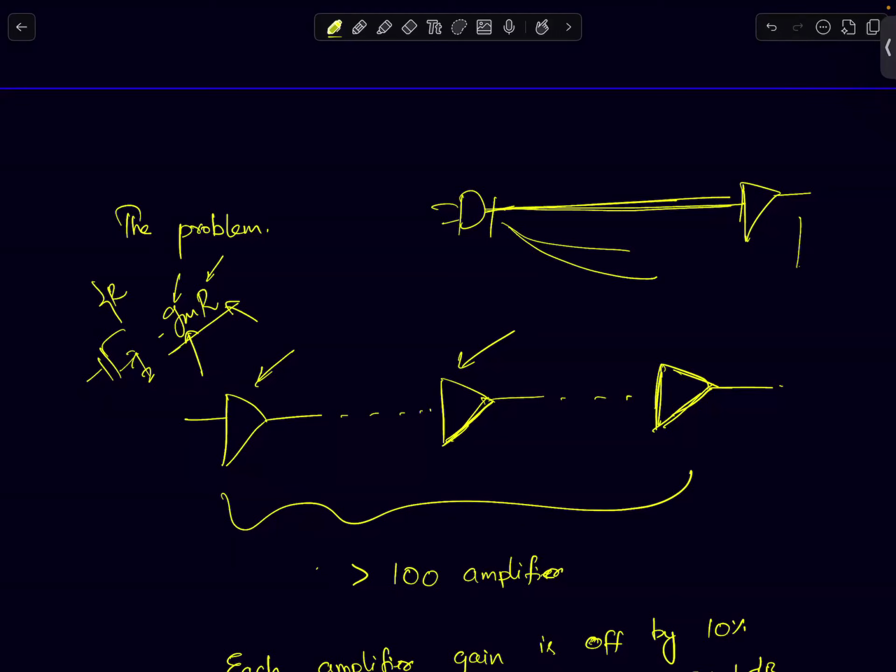When Harold S. Black was building these amplifiers, there were no MOSFETs at that time. They were building amplifiers using vacuum tubes. Since I'm assuming you have seen some lectures on microelectronic circuits, they operate on a principle called thermionic emission, and it's just a three-terminal device.